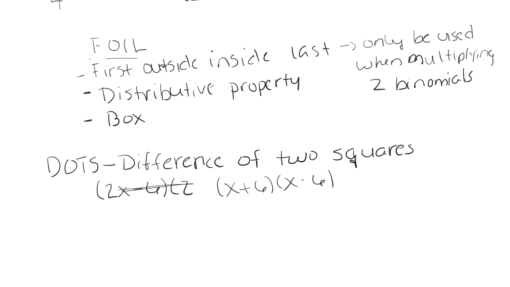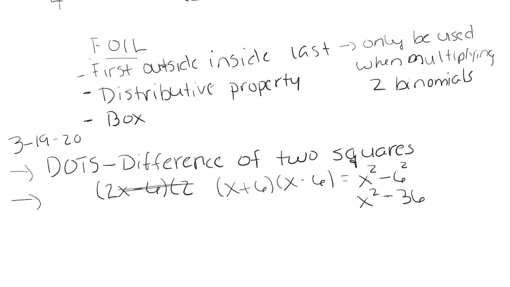And the difference of two squares says, by the way, you want to write this down in your notes. These two things. In today's date, you're going to write it in your notes. So this is equal to x squared minus 6 squared, which is x squared minus 36.